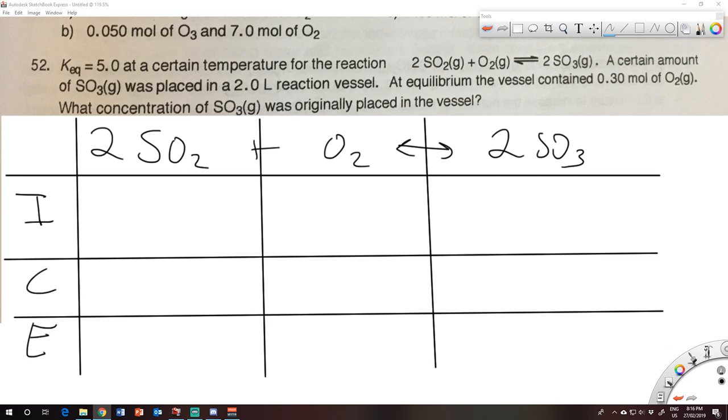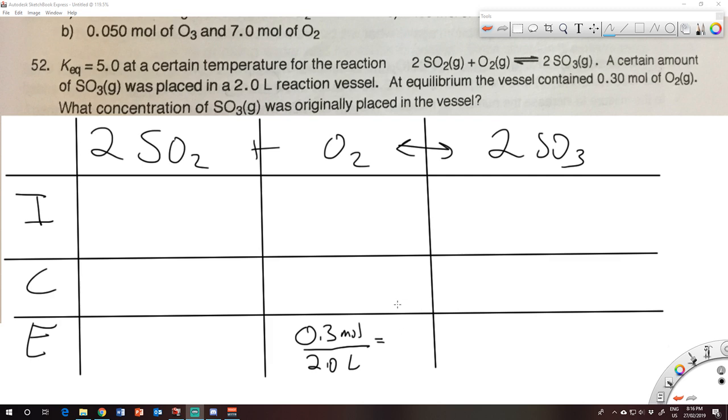Okay, good. So this question says at equilibrium we contain 0.3 moles of O2. So I'll put 0.3 moles. Divide this by volume. This was a mistake I made, one glaring mistake, so make sure you divide. Remember, ice tables can work in either moles or concentration.